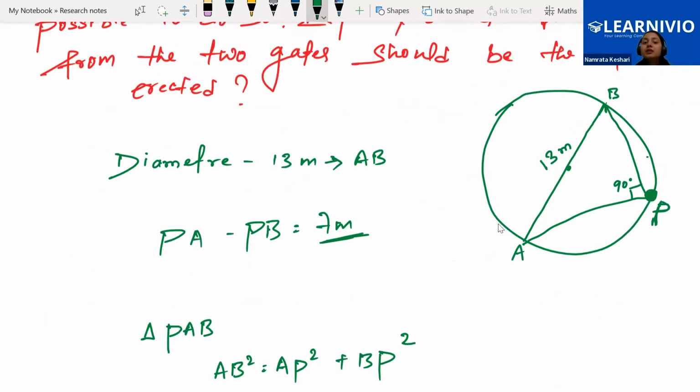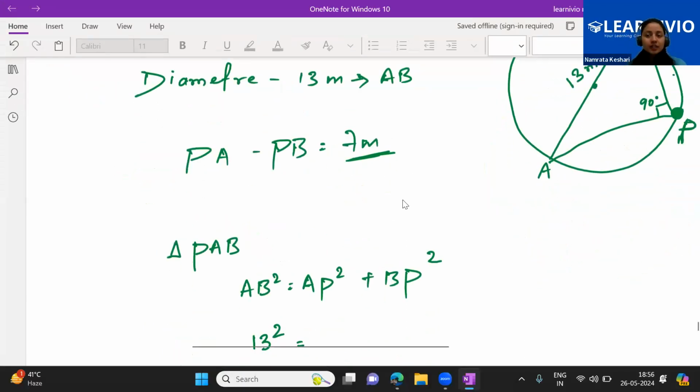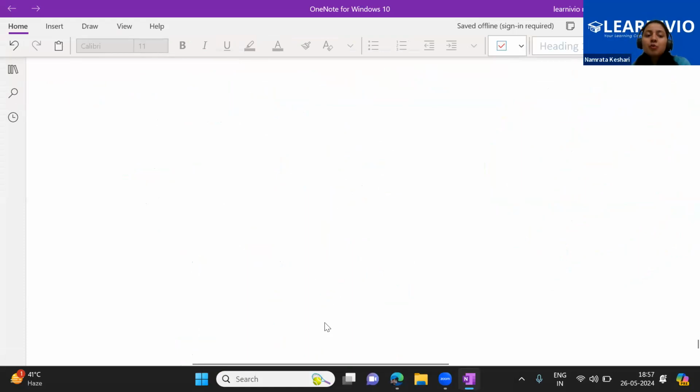So AP or PA, if you are taking one of them, suppose I am saying that the difference between my age and your age is, let's say, 7 years. Can you say that, let's suppose your age is X years and my age is X plus 7?